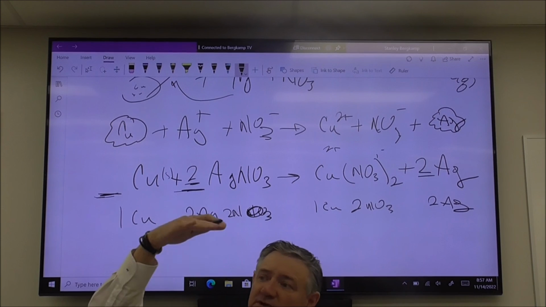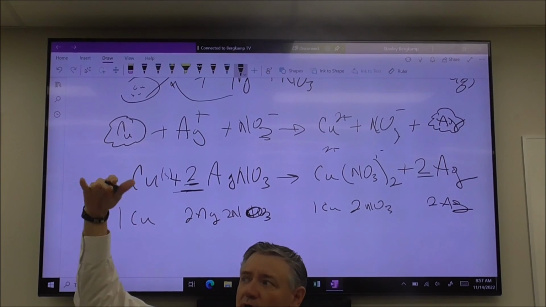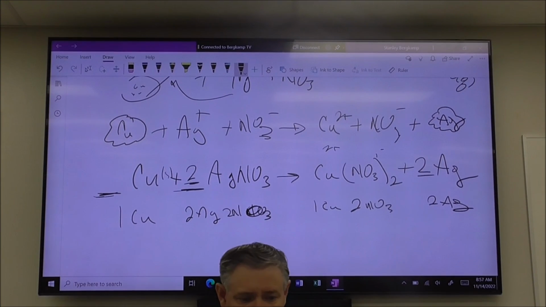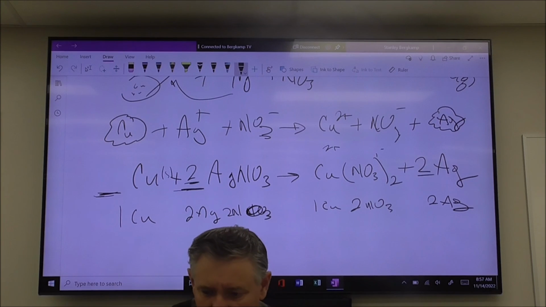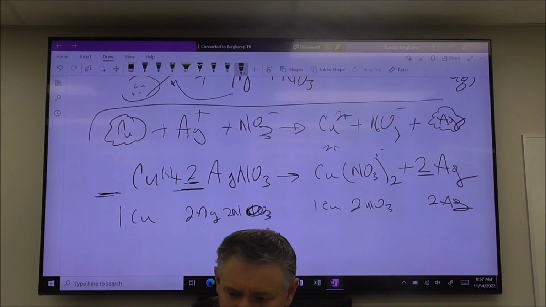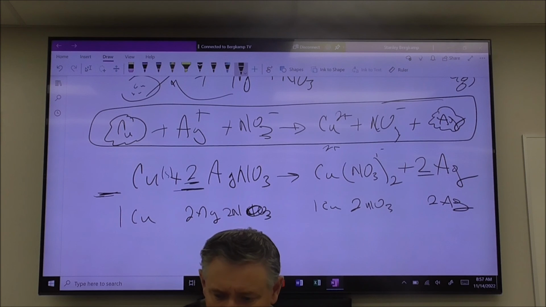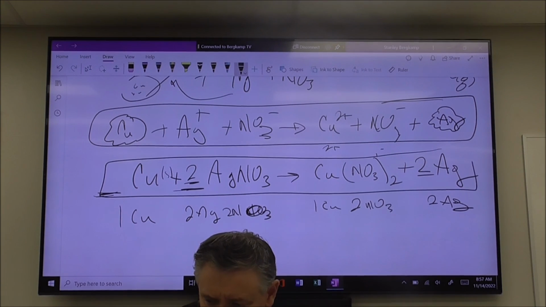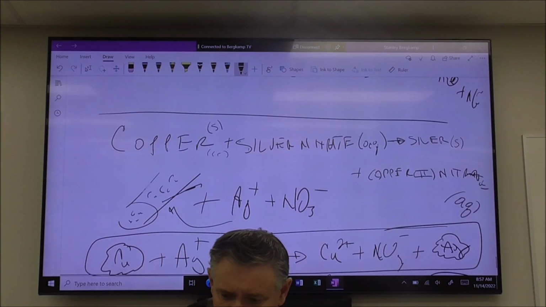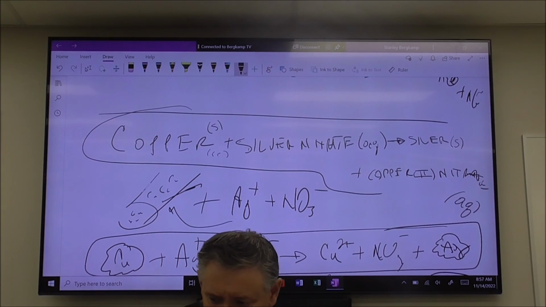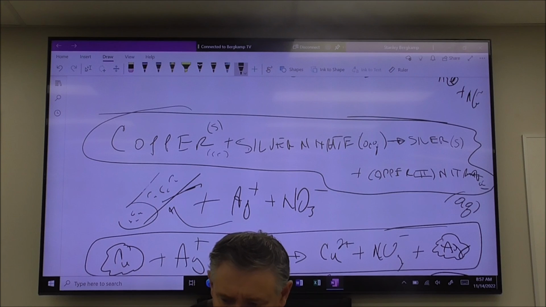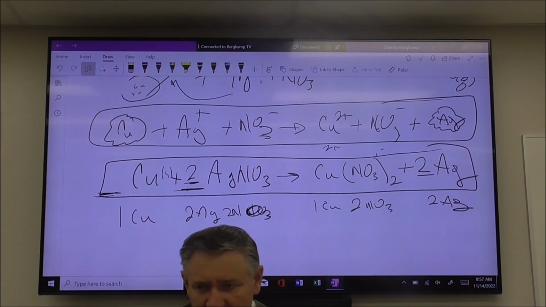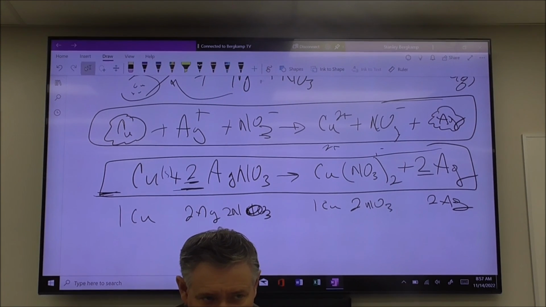That's just forcing you to think through and understand, wow, this thing is balanced. So, there's your particle diagram, okay? There's your balanced chemical equation. There's your word equation. And it is a single displacement reaction. Okay? Got an idea of what I'm looking for.